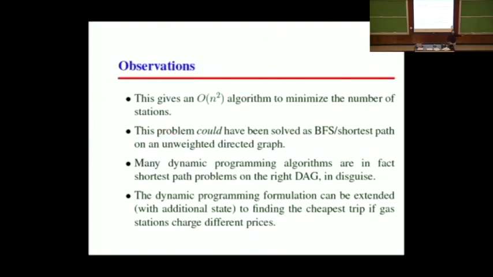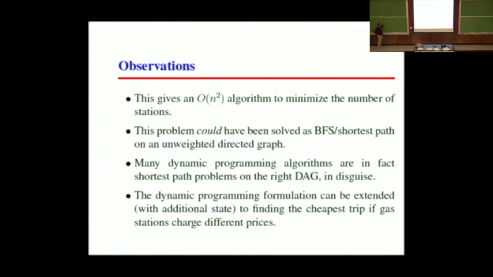Second, as we noticed here, you're now saying, hey, this algorithm isn't so hard. I could do it by greedy algorithm. You could do it by breadth first search, if you think about it as building a graph where there is an edge between any two stations within driving range. Does everybody see that?